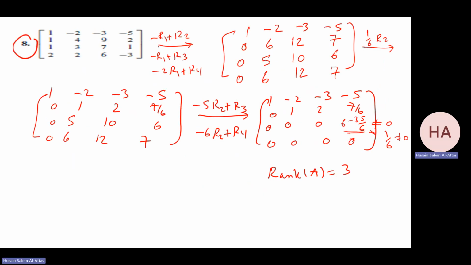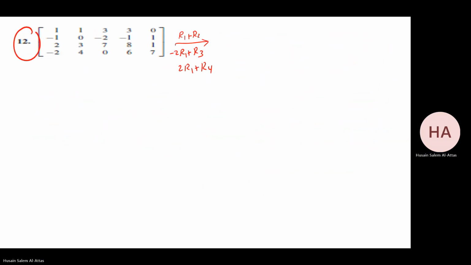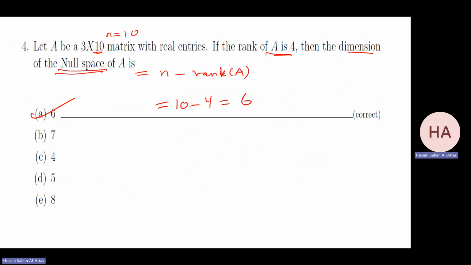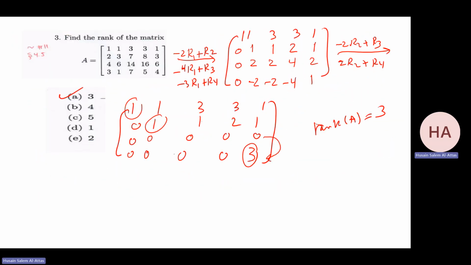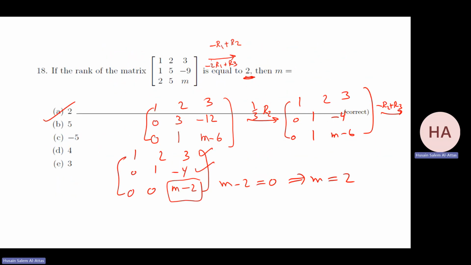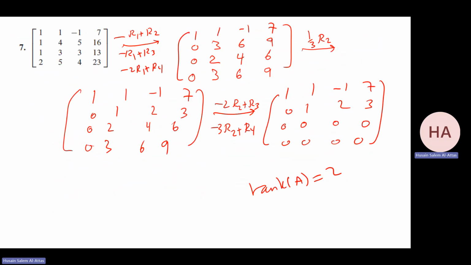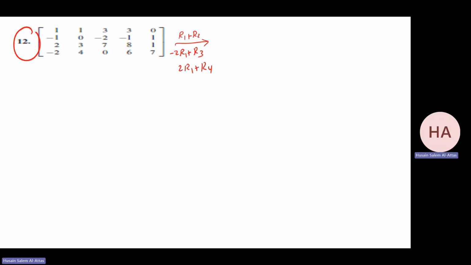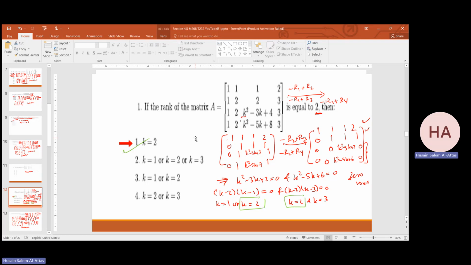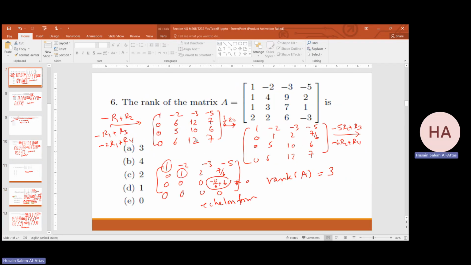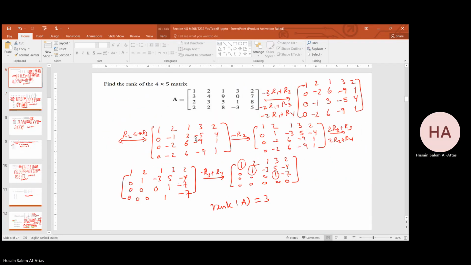Is it? 1 1 3 3 0. 1 1 3 3 0. 1 1 3 3 0, -1 0 -2 -1 1, -2 -1 2 3 7, 2 3 7 8 1. Be sure.